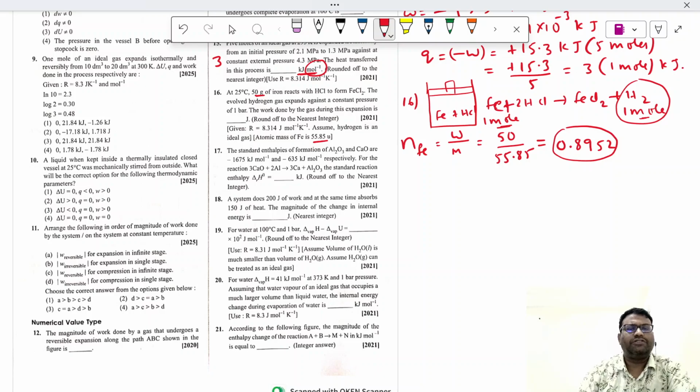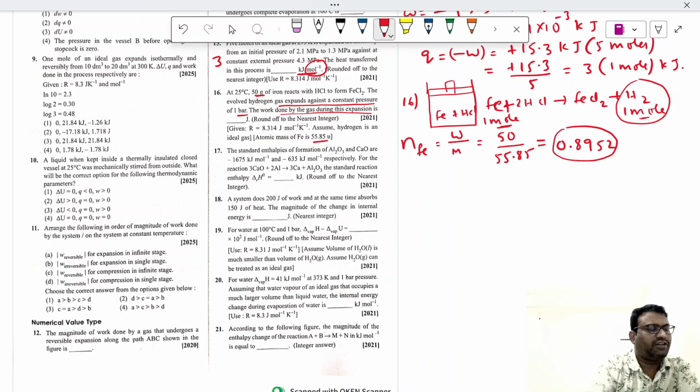So what is the question asked? The evolved hydrogen gas expands against a constant pressure of 1 bar. The work done by the gas during this expansion is asked.